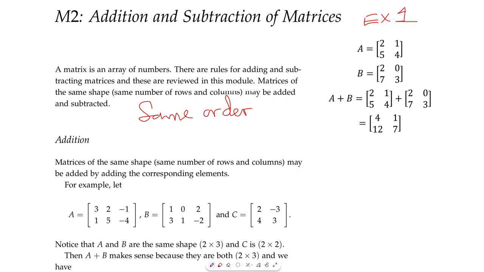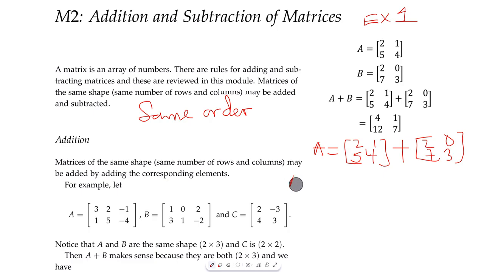Example 1 says A is 2 1 5 4, and then plus your B, which is 2 0 7 3. Are you seeing that now?